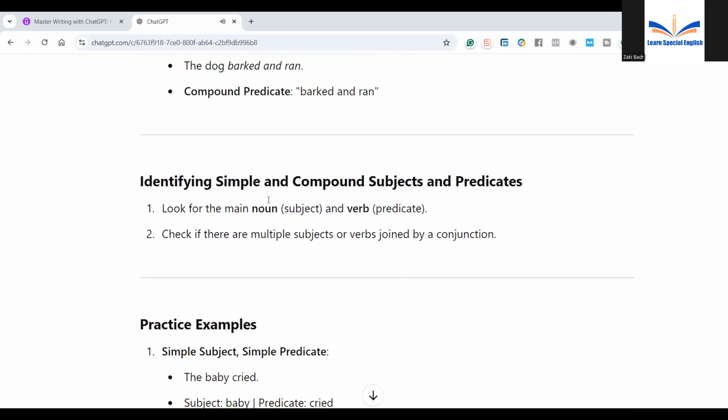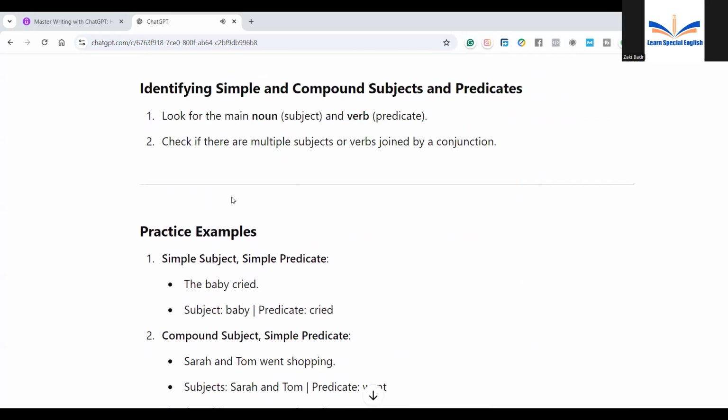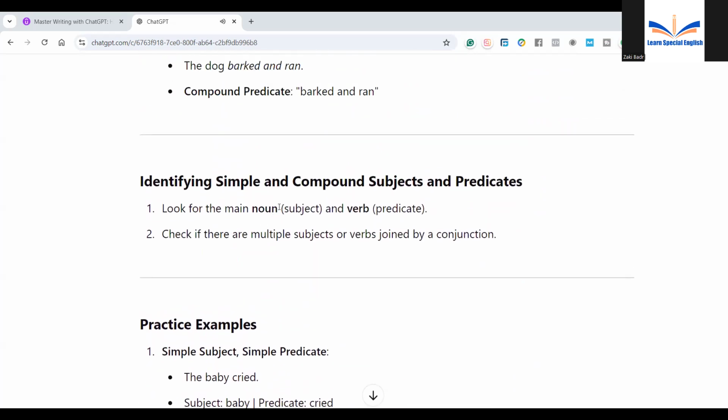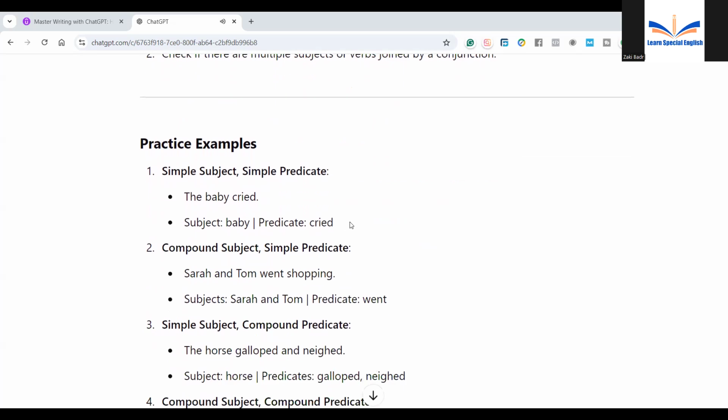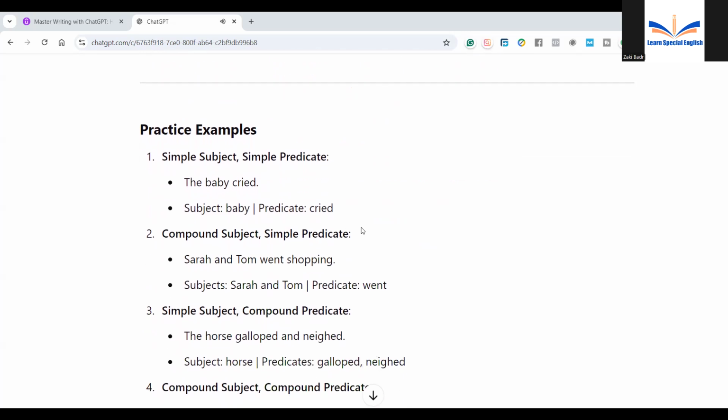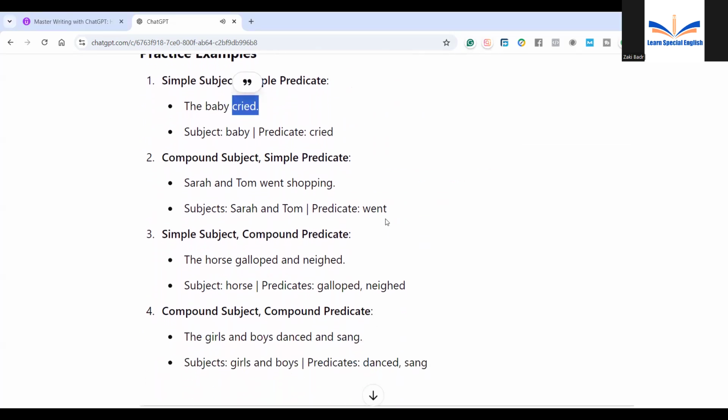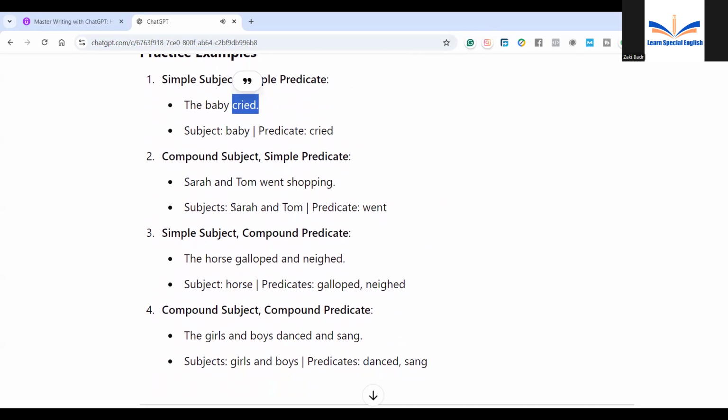Identifying simple and compound subjects and predicates. 1. Look for the main noun, subject, and verb predicate. Check if there are multiple subjects or verbs joined by a conjunction. Practice examples. 1. Simple subject, simple predicate. The baby cried. Subject, baby. Cried 2. Compound subject, simple predicate. Sarah and Tom went shopping.